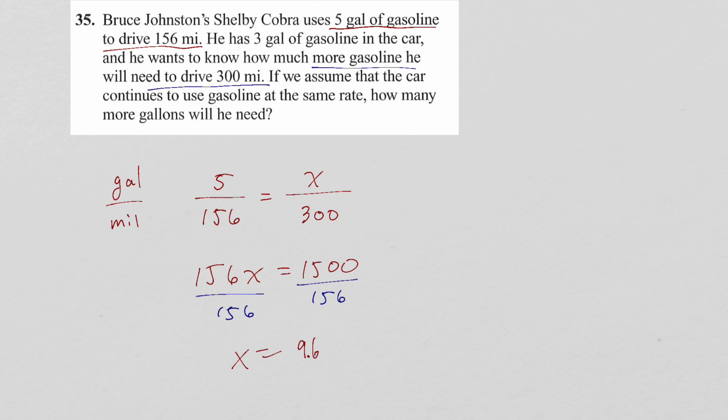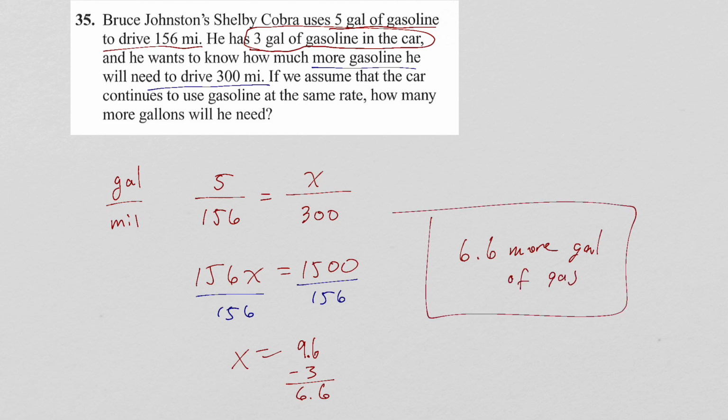That's how much gas he needs in total, but this question says that he already has 3 gallons of gas in the car. So how much more gallons would he need? So if you take out the 3 gallons he already has, he's going to need 6.6 more gallons. So 6.6 more gallons of gas. And that's it.